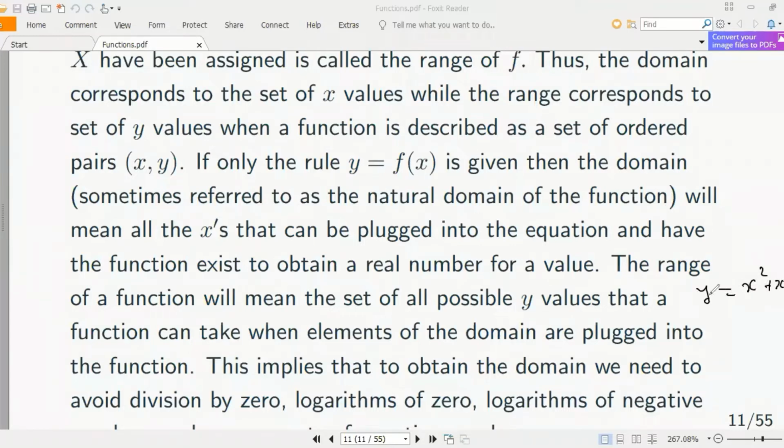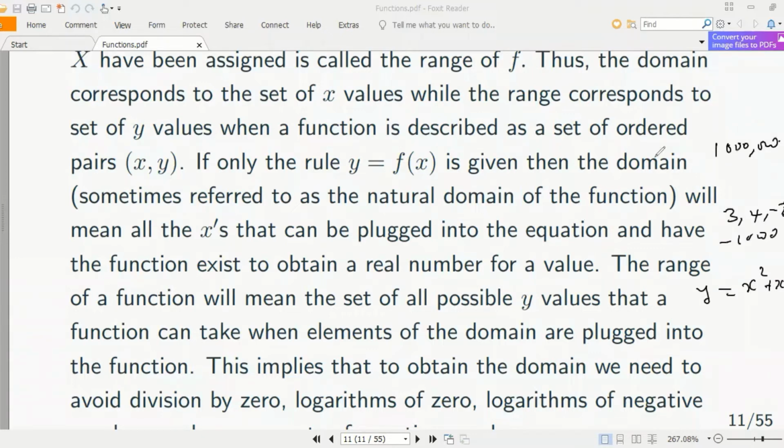Any value that you plug here, if I plug 0, then y is a real number. If I plug 3, y is a real number. That means if I plug all the real numbers, plug in 3, plug in 4, plug in -5, plug in -1,000, plug in 1 million, we still have a real number.